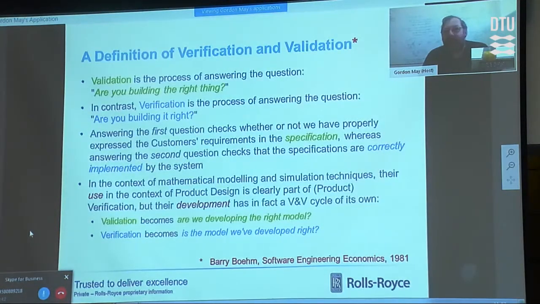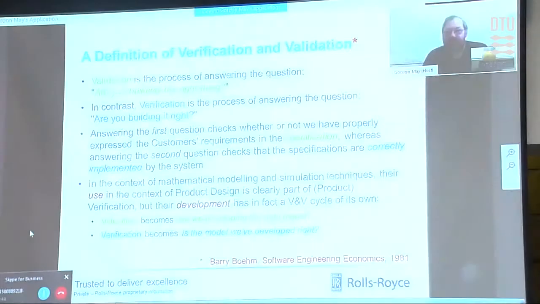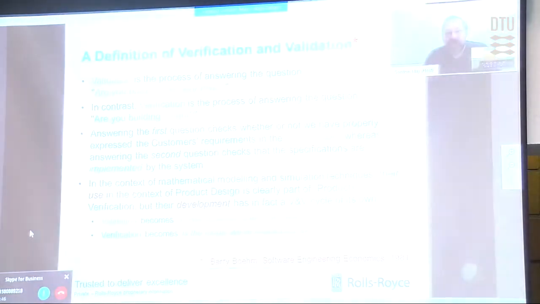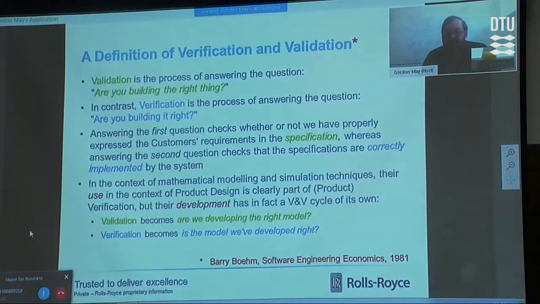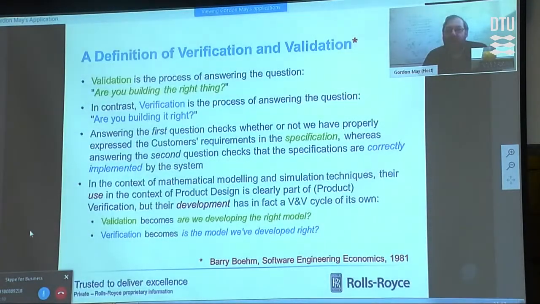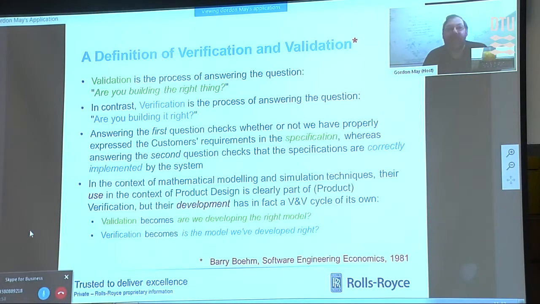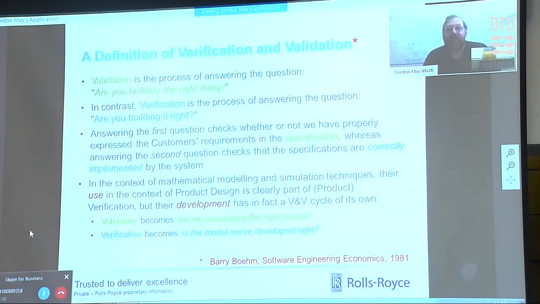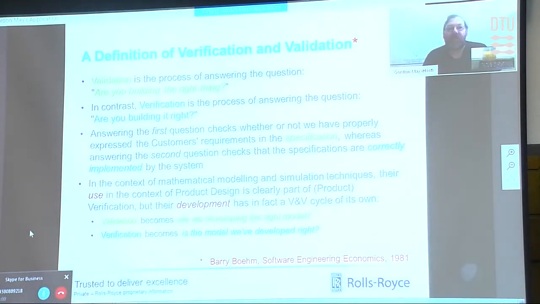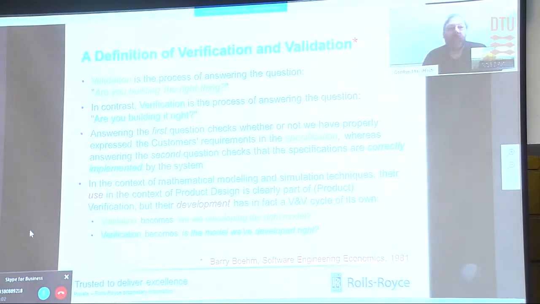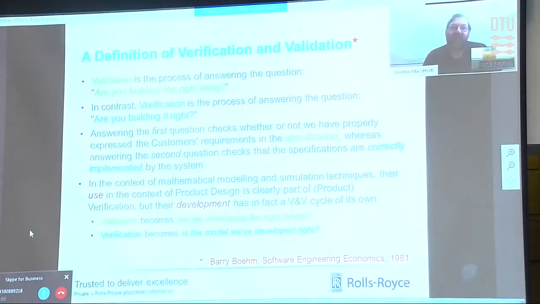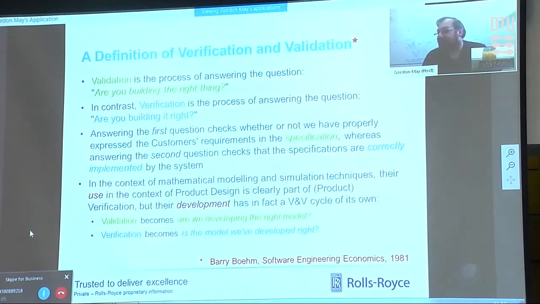So, what do we mean by verification and validation? The definition is taken from Barry Boehm, Software Engineering Economics, 1981, where he defined validation as being able to answer the question, are you building the right thing? And verification as, are you building it right?